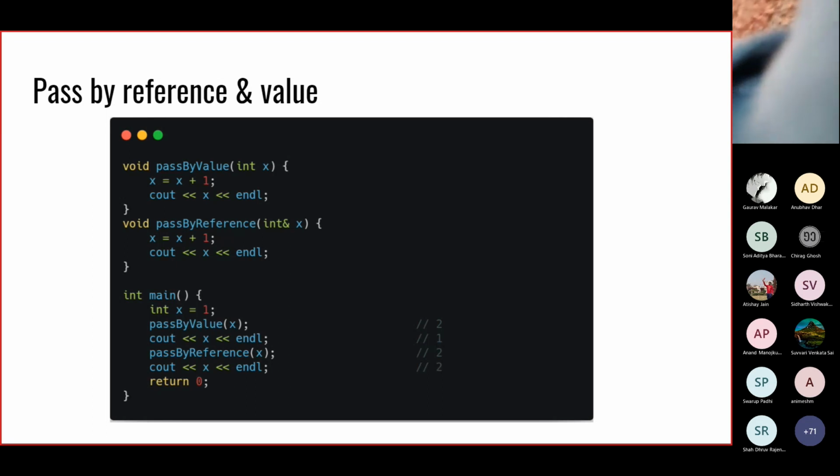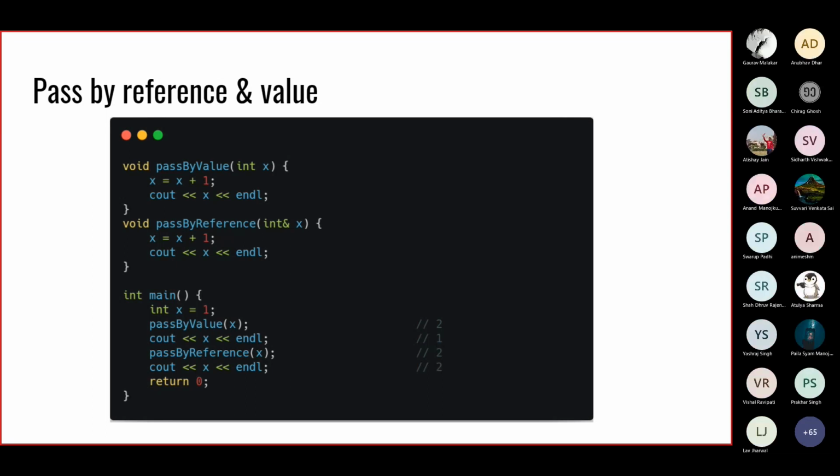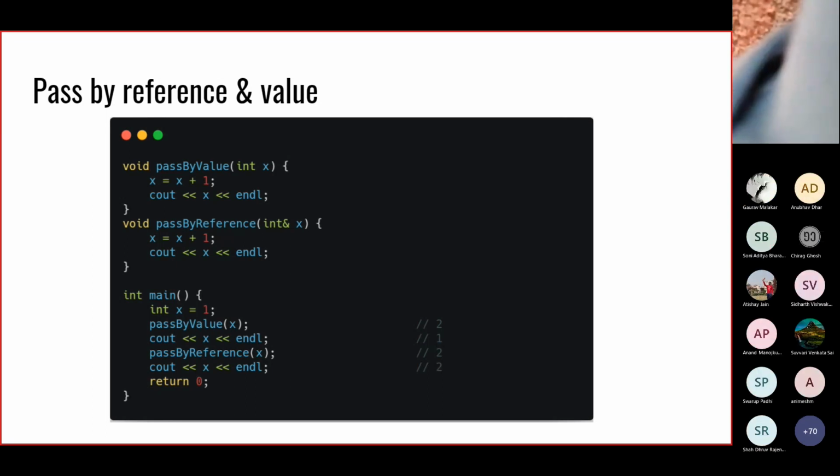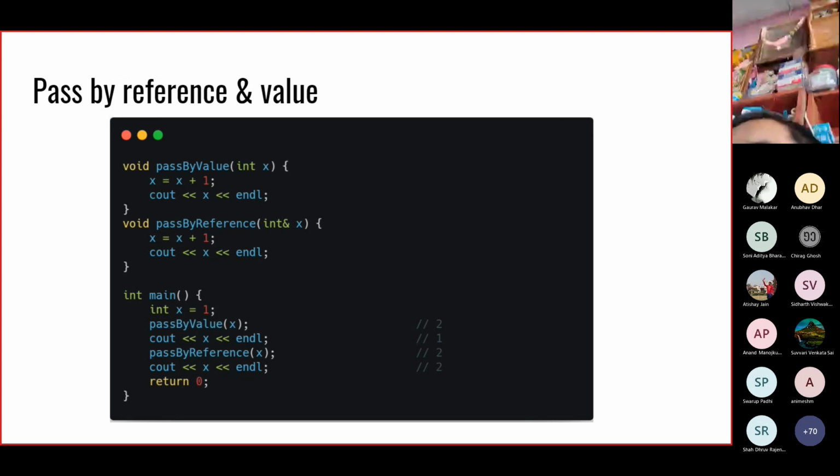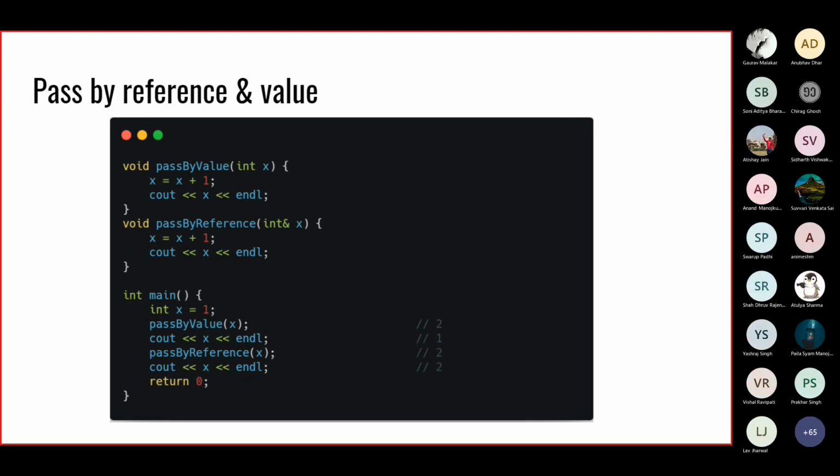So any idea how we might be implementing this? Check the memory location. Yeah, whenever you do ampersand of some variable, it returns the associated memory address.